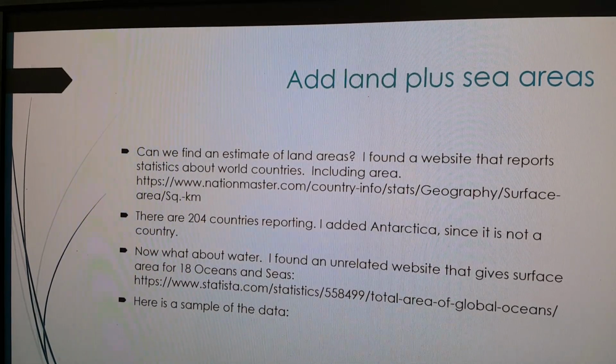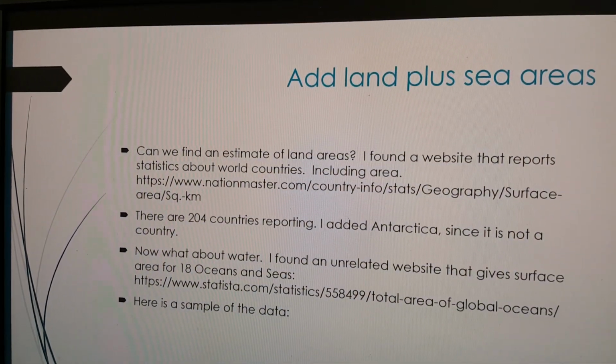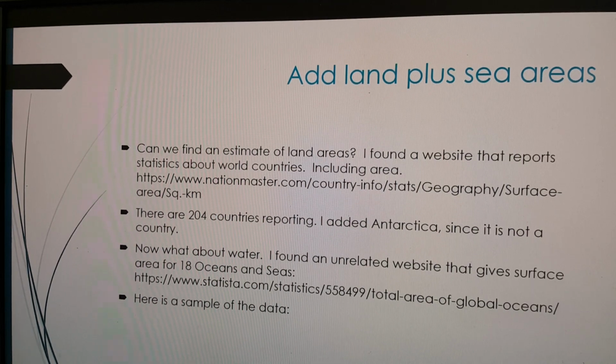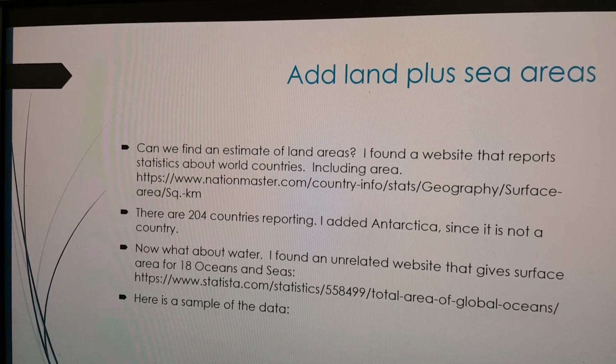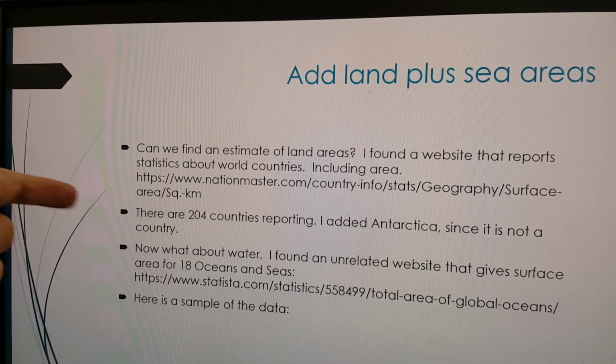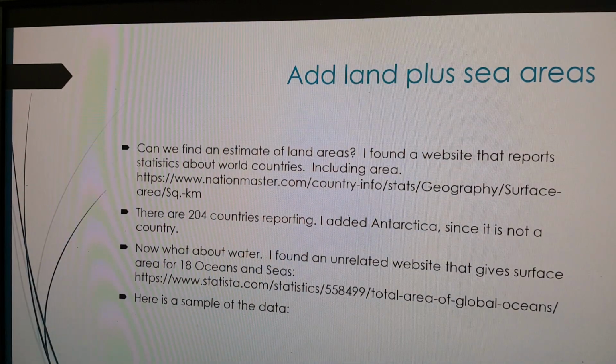So let's think about how to find a comparable measure. So first of all, I looked for an estimate of land area. I found a website that reports statistics about world countries, including surface area. And this is the link for the website.